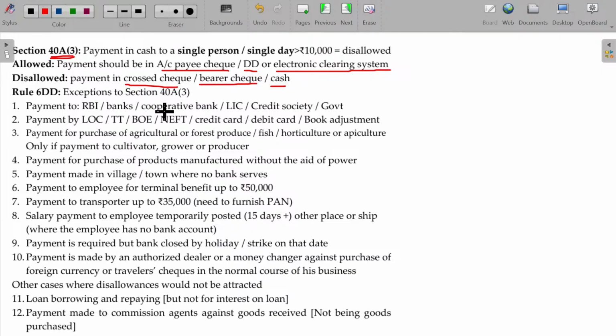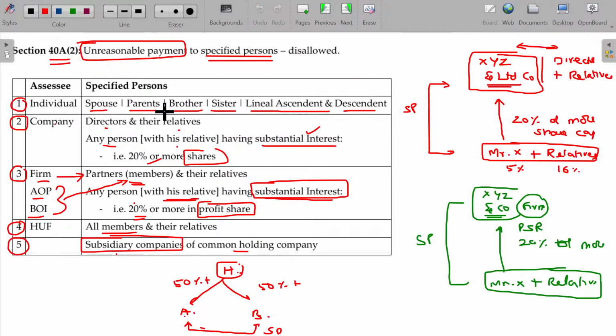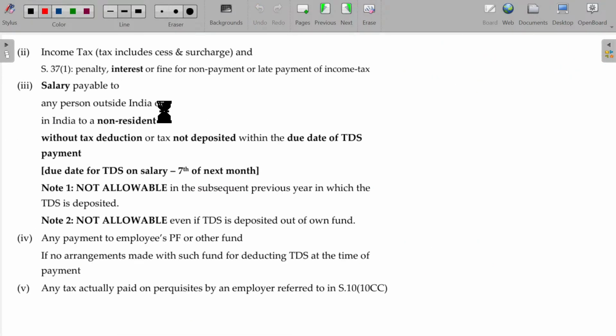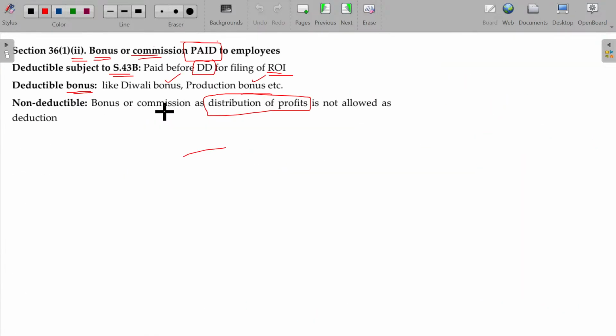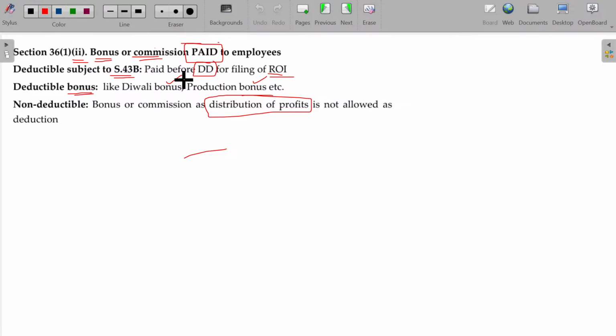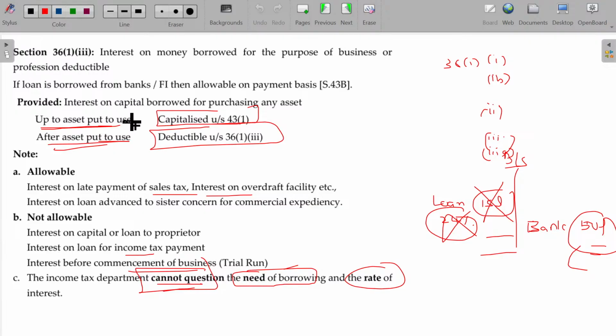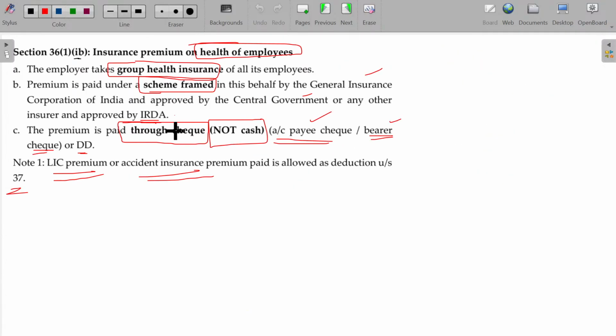But in case of section 36 clause 1 sub-clause 1B, we have already studied that, right? The insurance premium for the health of employees should not be paid in the form of cash, but it may be paid by cheque, and even a bearer cheque is allowed there. You have to understand the difference between that one and this one. The cheque could be an account payee cheque or a bearer cheque there.